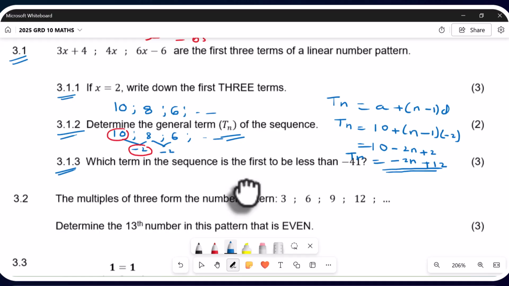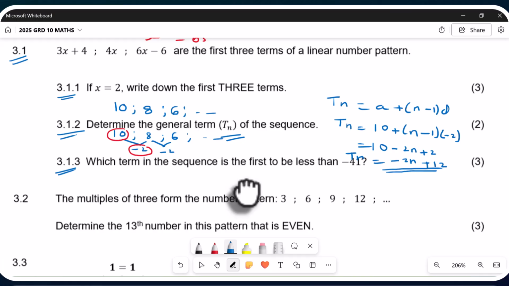Because we want only those which are even, we start from this 6 up to 12, then to 18. Tell me, what is 12 minus 6? We get 6. What about 18 minus 12? Also 6.